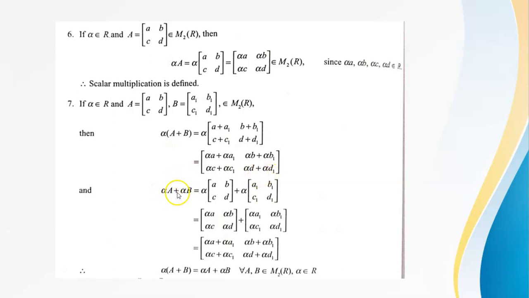Next, we take alpha A plus alpha B equal to alpha into the matrix [a, b; c, d] plus alpha into [a1, b1; c1, d1]. That is equal to [alpha a plus alpha a1, alpha b plus alpha b1; alpha c plus alpha c1, alpha d plus alpha d1]. Then we are getting alpha into (A plus B) equal to alpha A plus alpha B. Distributive law is true.